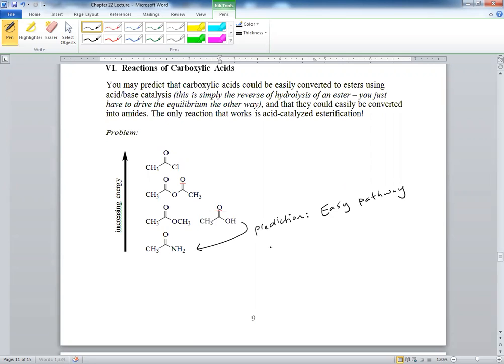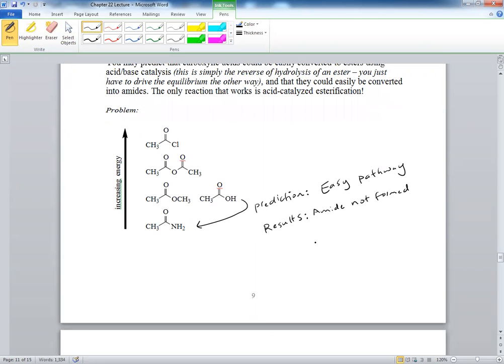but the result is the amide is not formed. So let me write this. And for a very simple reason, here it is.